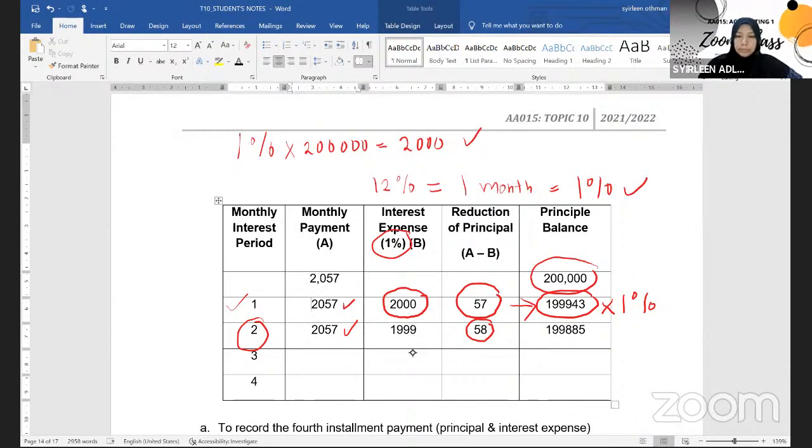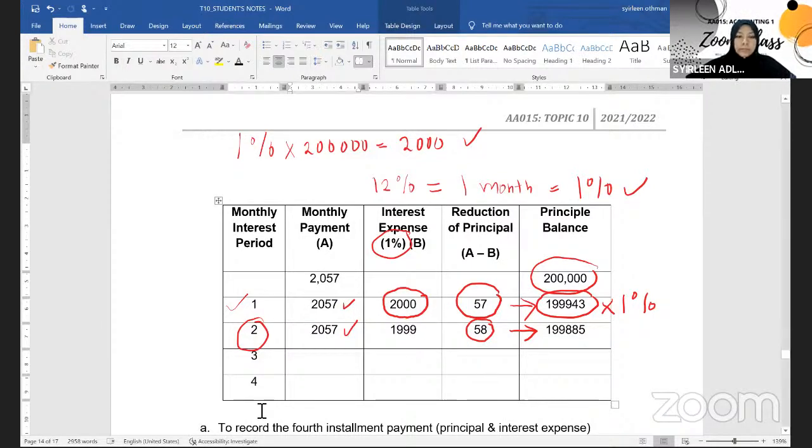So your principal untuk selepas bayaran yang kali kedua ni tinggal RM199,885. Okay, so the amount of principal untuk bulan yang kedua so far kamu baru bayar RM57 campur RM58 saja. So selepas bayar 2 kali RM2,057, okay, hutang saya yang RM200,000 tu baru tolak RM115 saja.